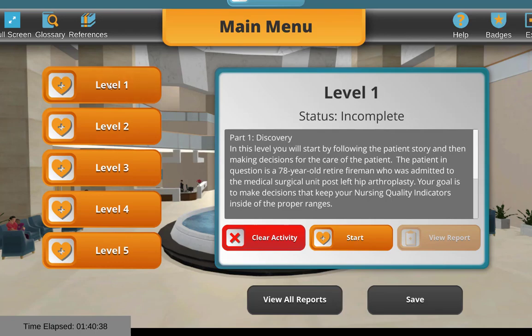So let's go ahead and walk through level 1. Again, there's 2 phases, discovery and application. The discovery phase is where we're going to present your learner with situations where the patient has encountered certain situations while they are at the hospital.